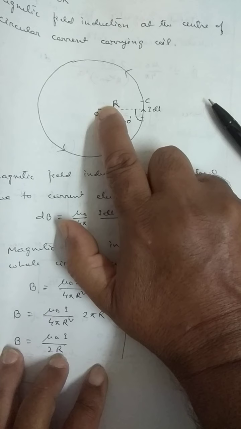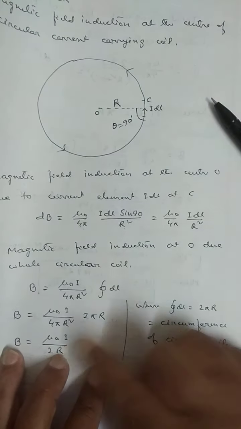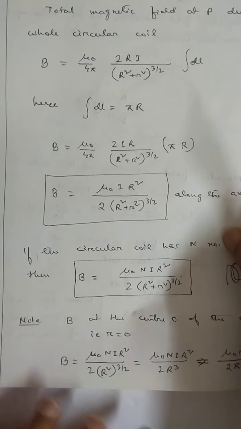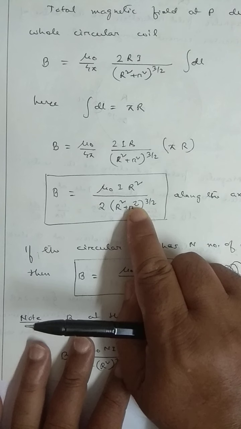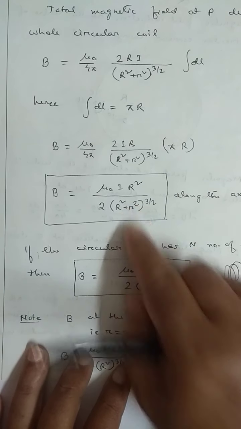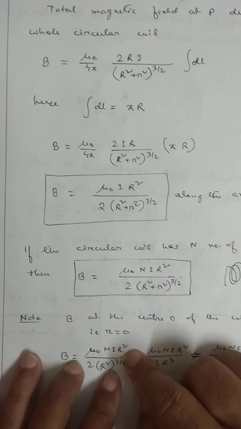This is the magnetic field induction at the center of the circular coil, and this is the magnetic field induction at an axial point due to a current carrying circular coil. If they ask to find the magnetic field induction as a tail question at the center of the coil, you just put small r as 0 here.